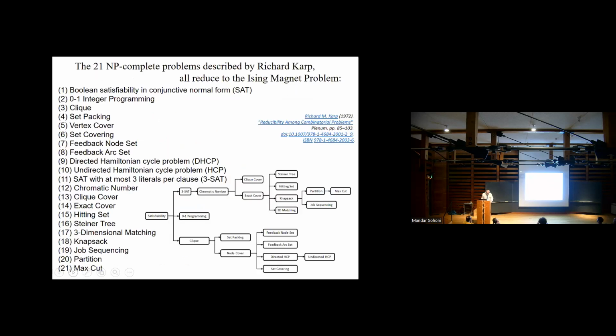It became rather famous in computer science, and the fame largely came from one of my colleagues, Professor Richard Karp. In my view, he is the most famous professor at Berkeley. Fifty years ago, he said that if you can solve the Ising problem, then you can solve 21 different problems in computer science.